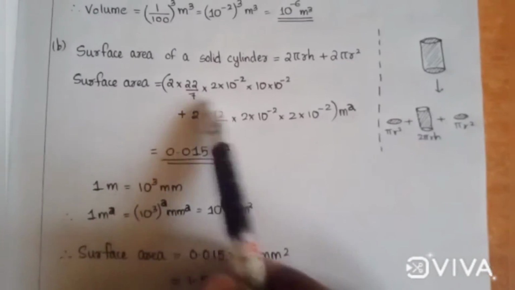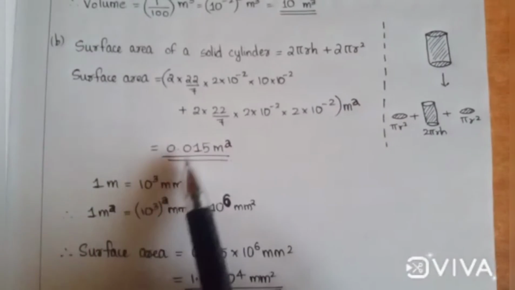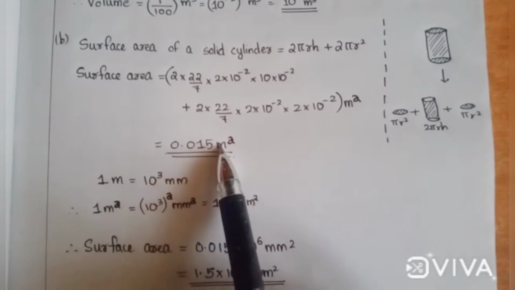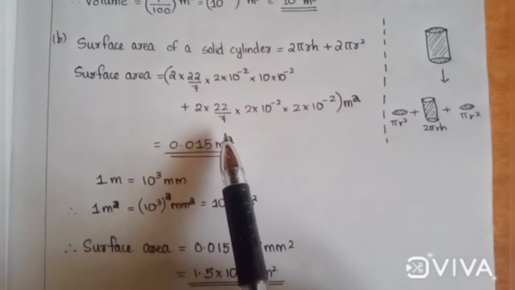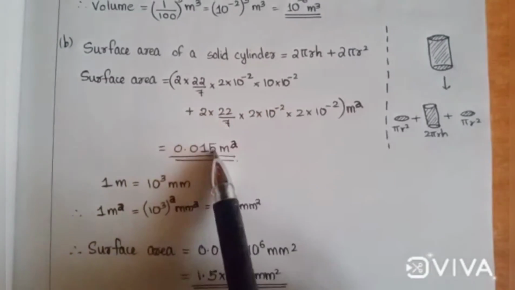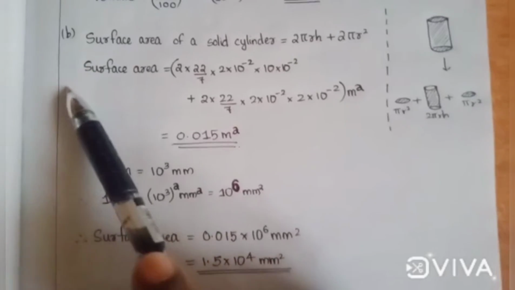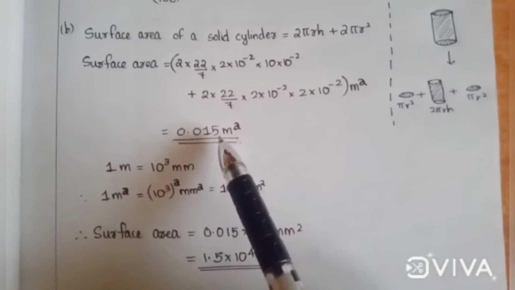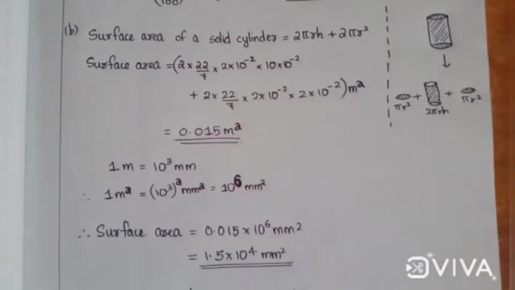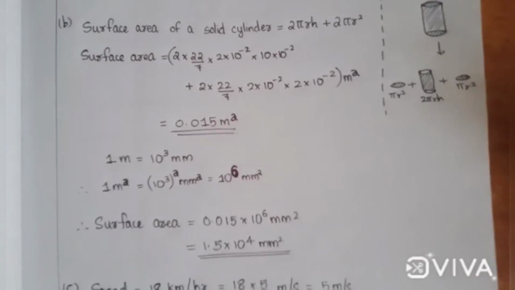Substituting all these in the equation, we will get surface area is equal to 2 into 10 to the power 7 into 2 into 10 to the power minus 2 into 10 into 10 to the power minus 2 plus 2 into 10 to the power 7 into 2 into 10 to the power minus 2 into 2 into 10 to the power minus 2 meter square, which is equal to 0.015 meter square.